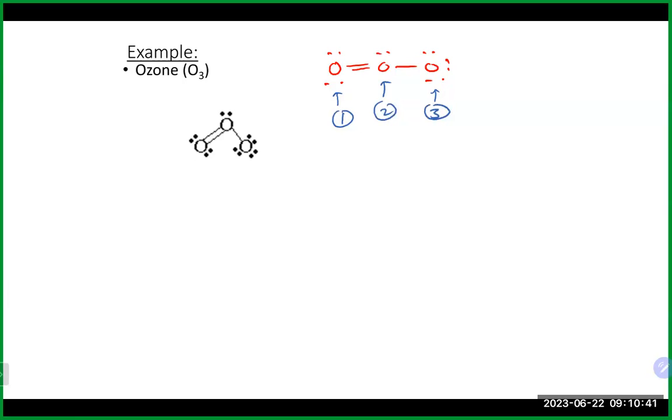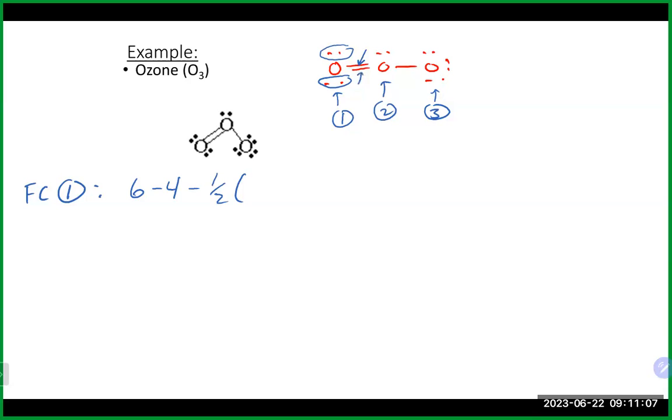So if we were to calculate the formal charge for the first oxygen, number 1, the number of valence electrons in oxygen is 6. In the first oxygen here, it has 4 non-bonding electrons, the dots, and minus 1/2 the number of bonding electrons, which are the lines.